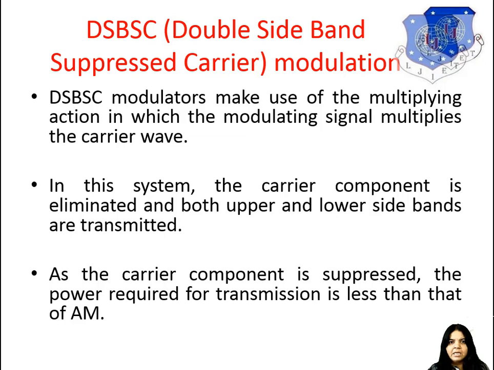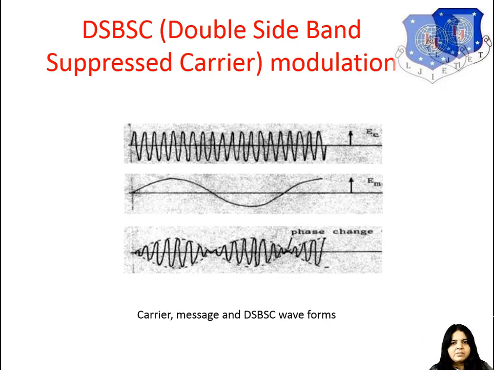As the carrier component is suppressed, the power required for transmission is less than that of AM. This is the carrier wave, amplitude is EC, this is the modulating signal, and this is the DSBSC waveform.